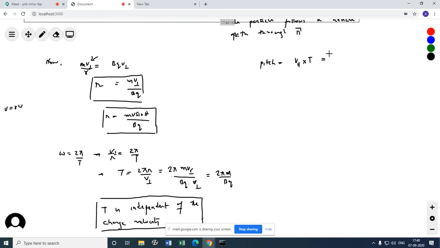With this velocity, how much distance will you cover in a time? So v parallel would be v cos theta into t. Now what is t? T is the same, 2 pi m by bq.